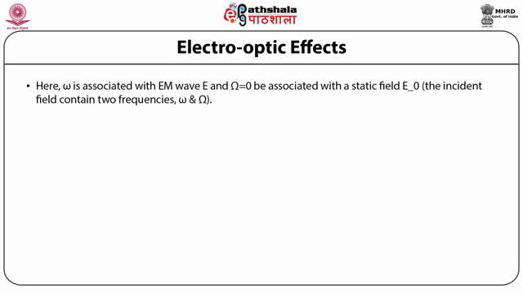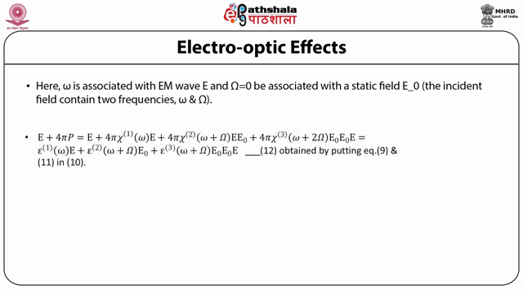Here omega is associated with an EM wave E and Omega equal to 0 is associated with a static field E naught. So the incident field contains two frequencies, that is omega and Omega.